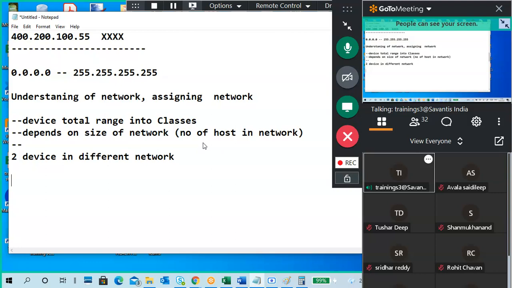So, the point you asked: for example, this is my PC IP address, mine is 102. Maybe some of you have this same IP address on your laptop or mobile phone.